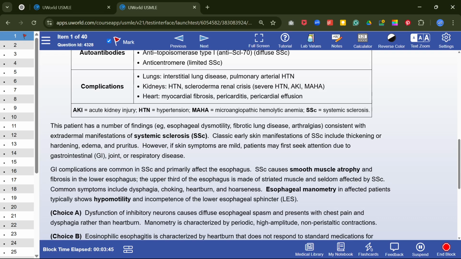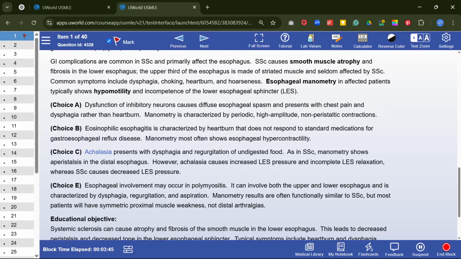Okay, okay. Achalasia presents with dysphagia and regurgitation of undigested food, as in systemic sclerosis. Manometry shows absent peristalsis in the distal esophagus.